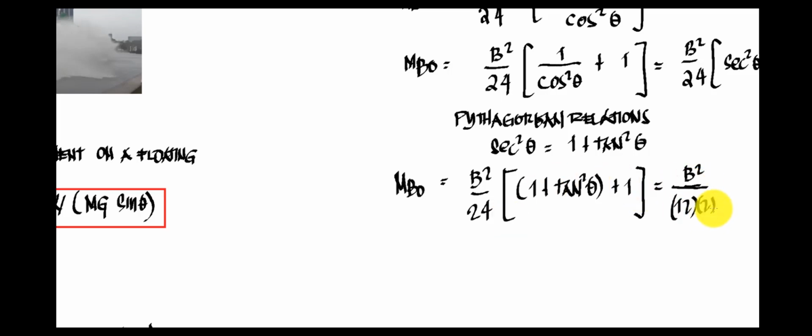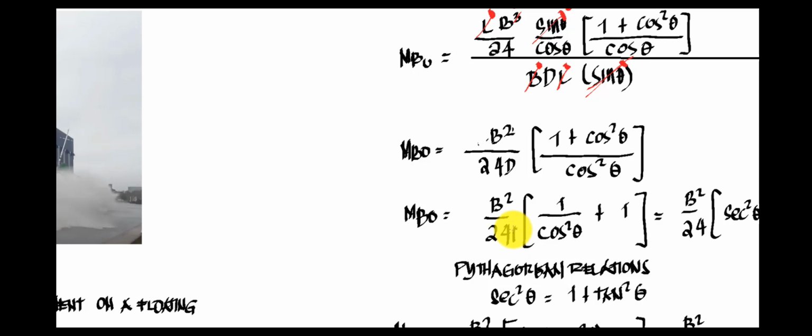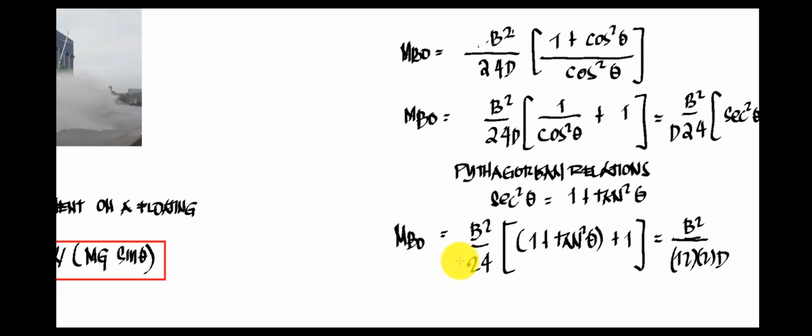Then multiply by the value of d. We forgot to add the d here, so we have a d here. Adding that one, we have the tangent squared theta plus 2.